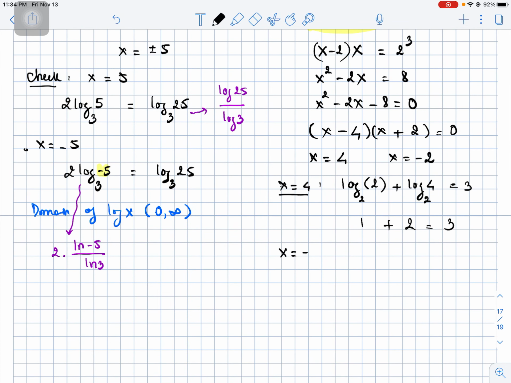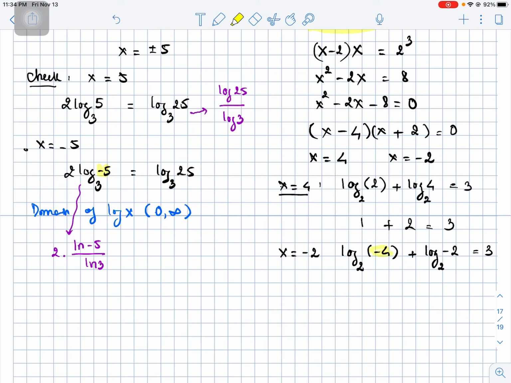Now we check x equal to negative 2. Log base 2, you plug negative 2 into the parentheses and you get negative 4, plus log base 2 of negative 2, equal to 3.